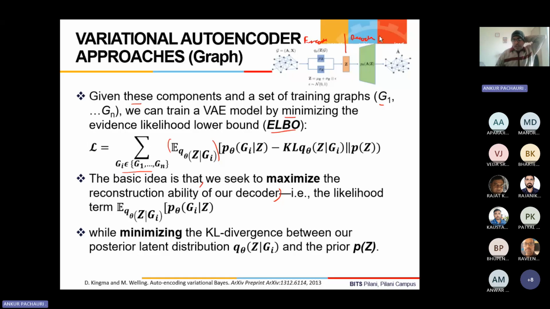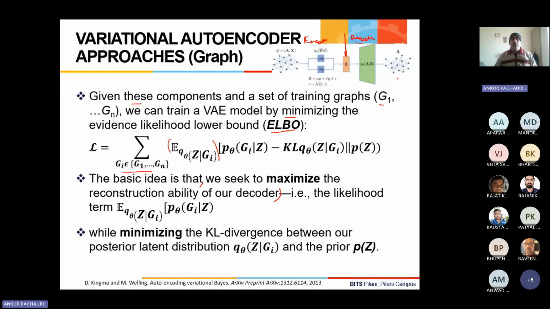So the efficiency of the decoder has to be maximized so that with the minimum amount of information, at least up to a certain threshold, if that information is complete in that sense, the decoder should be able to construct the actual graph.